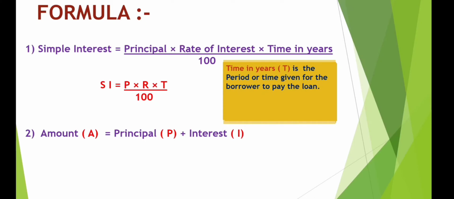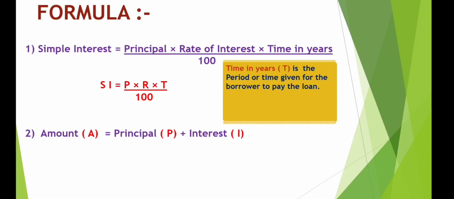Why? Because the rate of interest is always expressed as decimal fraction. So it must be divided by 100. So now we have the formula as SI is equal to P multiplied by R multiplied by T upon 100.